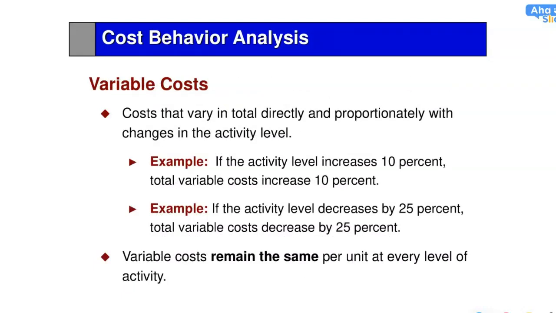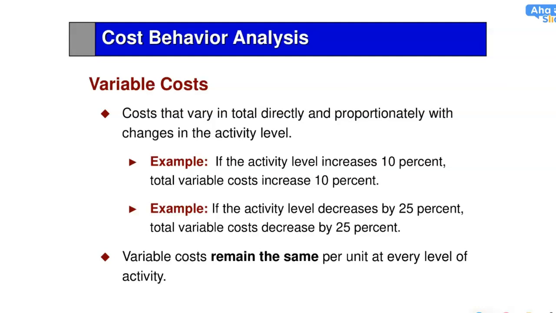We now want to break all the expenses in a company into those that are variable and those that are fixed. So we start with variable. Costs that change in total, directly and proportionally with changes in the level of activity, are variable costs.